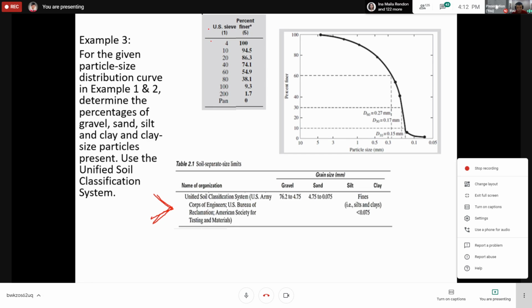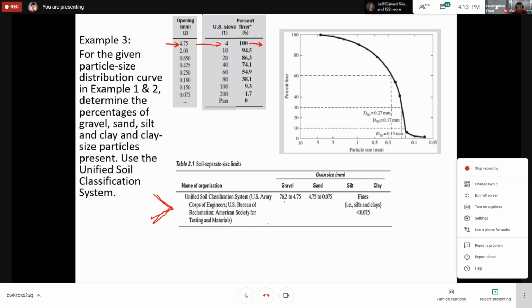Okay, so if we recall the opening sizes, 4.75 is for sieve number 4. If you look at the percent finer, or the passing percentage, it's 100%. The boundary for gravel is 4.75, and looking back at the percent finer, it's 100%.